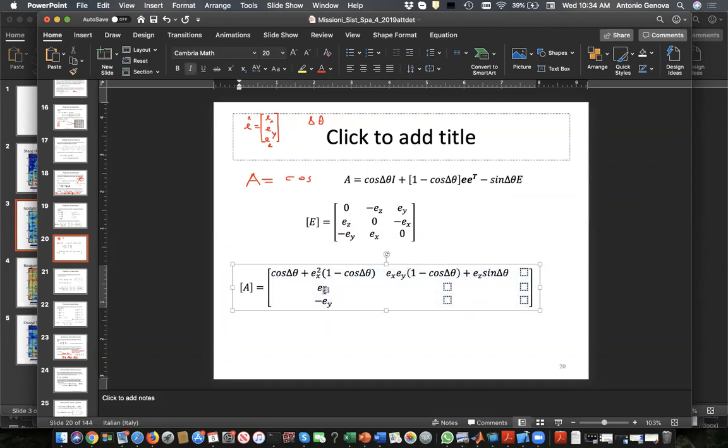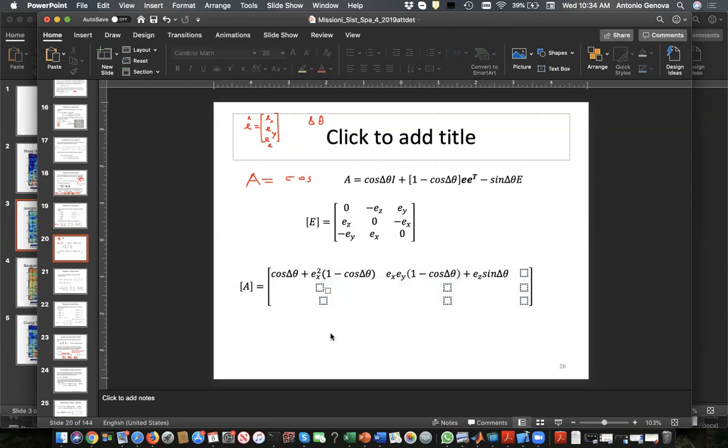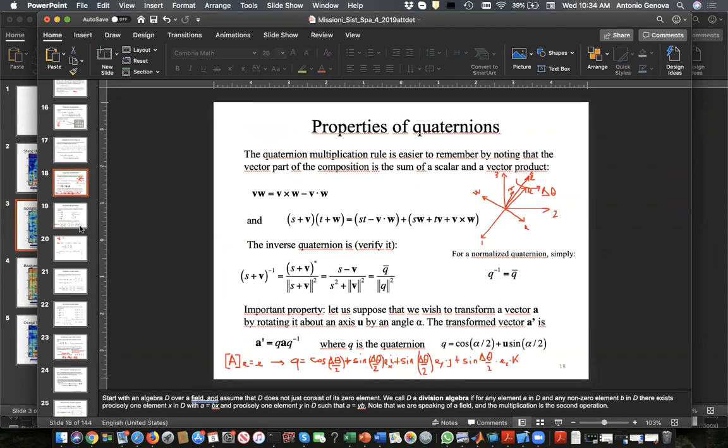And you can notice that since we have defined the quaternions as before, so that Q is, so Q1, let me rewrite here.